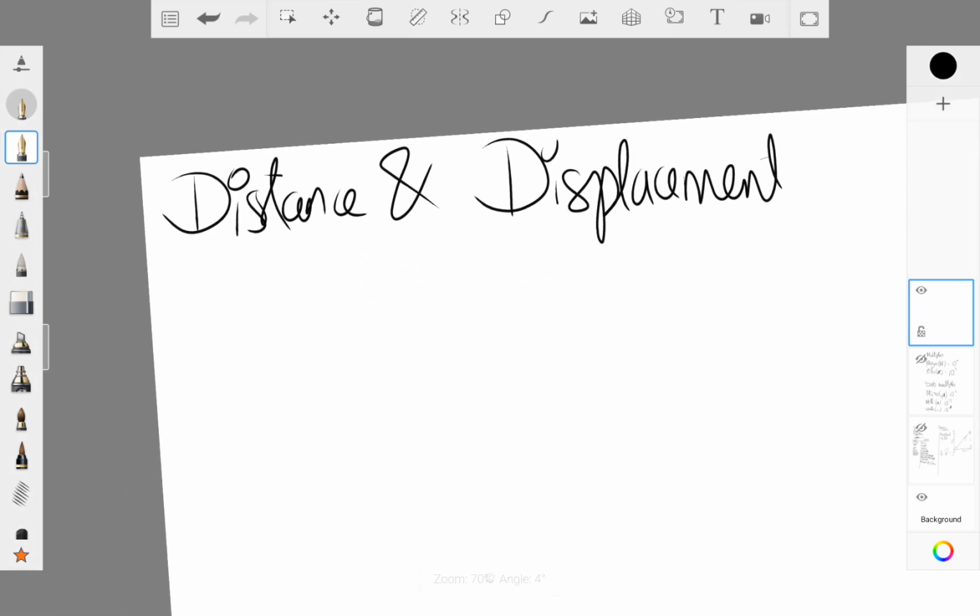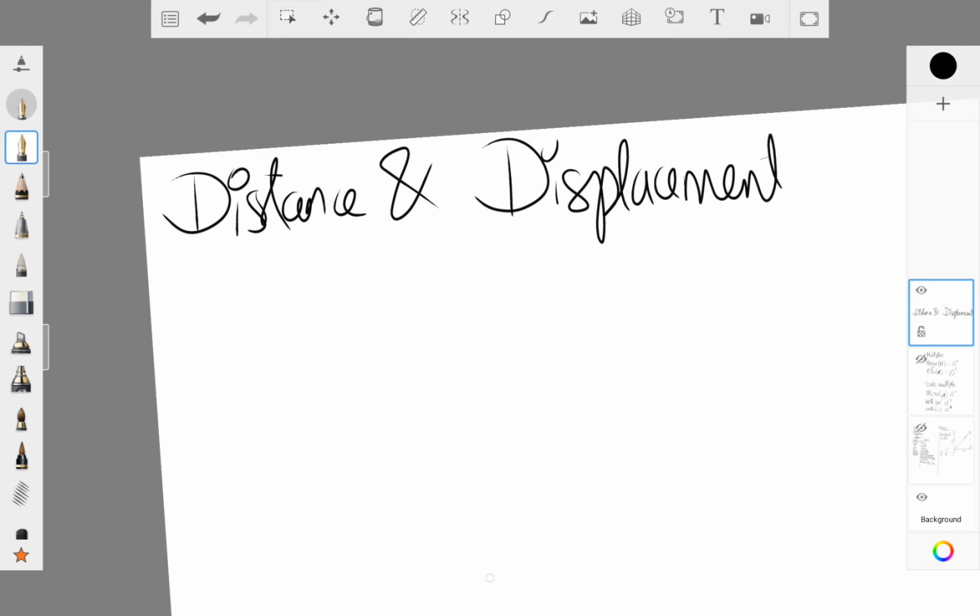So distance is just the space between 2 points, and is measured in meters, and it's a scalar quantity. Displacement is just distance in a specific direction. It's measured in meters as well, and it's a vector quantity.